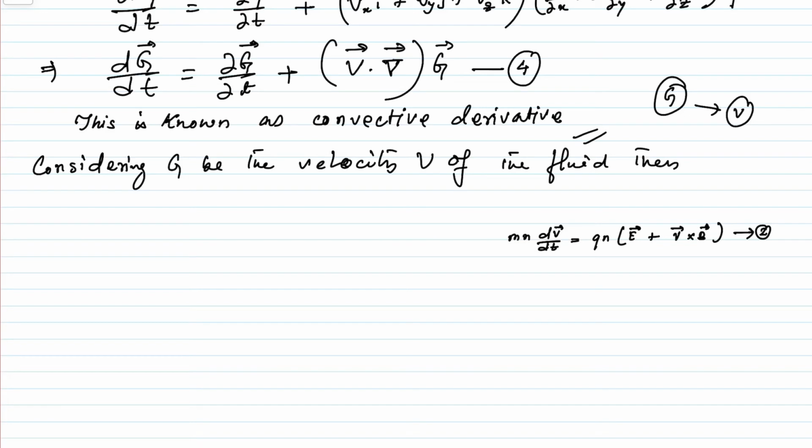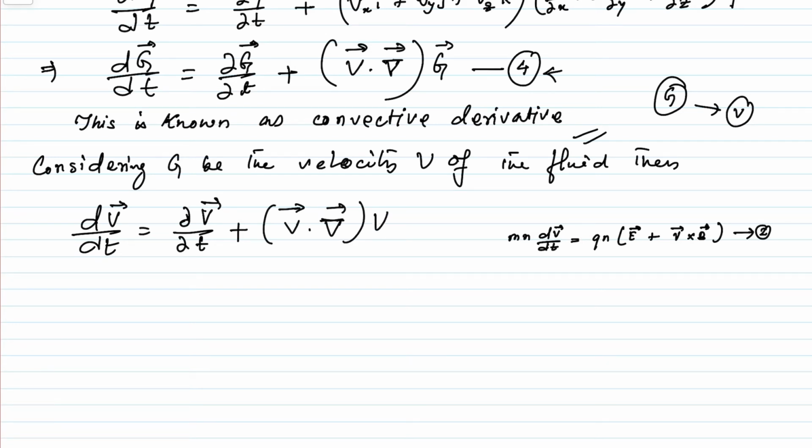Then dv by dt, from equation number 4, must be equal to del v by del t plus v dot del v.